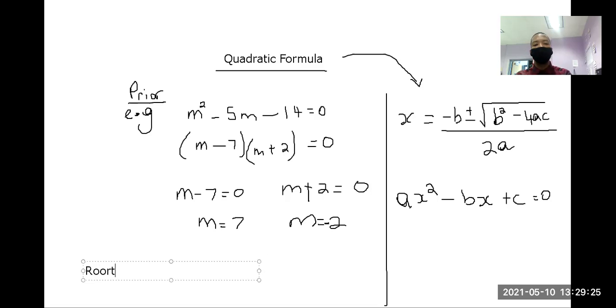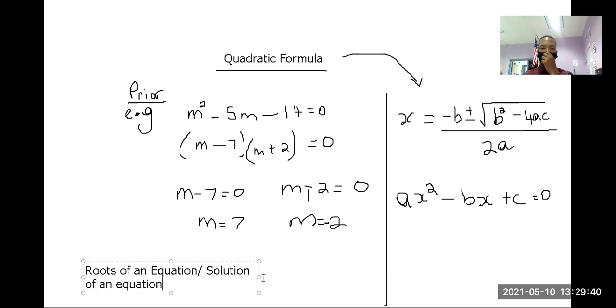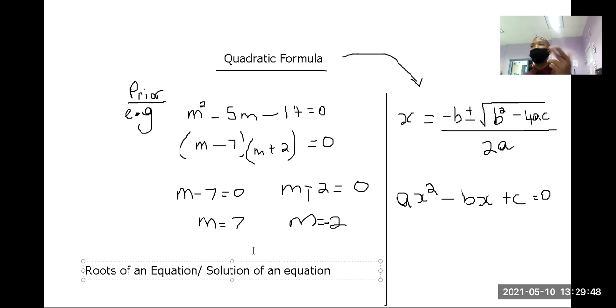When you're finding the roots of an equation, you're also talking about finding the solution of an equation. So whenever we go through, we find what m is, m equals 7 and m equals negative 2, we just found the roots of this equation, which are the solutions of this equation as well. Using the quadratic formula is finding the roots of an equation or the solution of an equation.